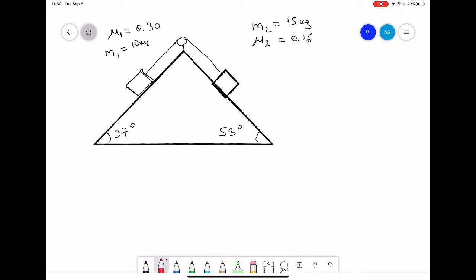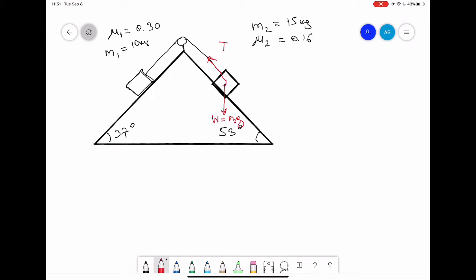So what we have, first of all, we have a weight, which is equal to M2G, right? Then we have a tension. Then what else do we have? We have friction.